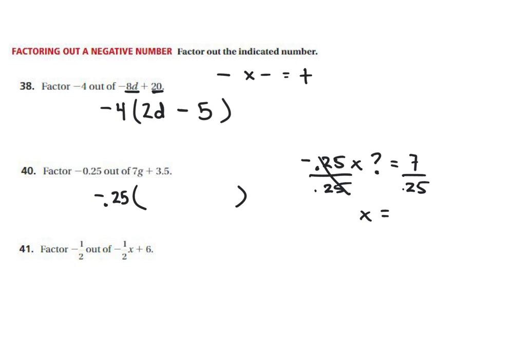And then we'll do, how many times does 0.25 go into 7? I don't even think we need to do long division for this one. I think we can just think about money. How many quarters go into $7? 4 quarters go into $1. So 4 times 7 is 28. So we would say this is going to be negative 28g.